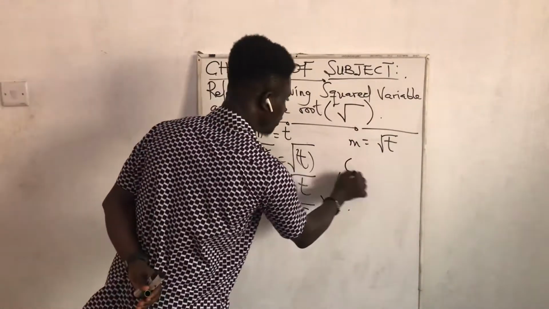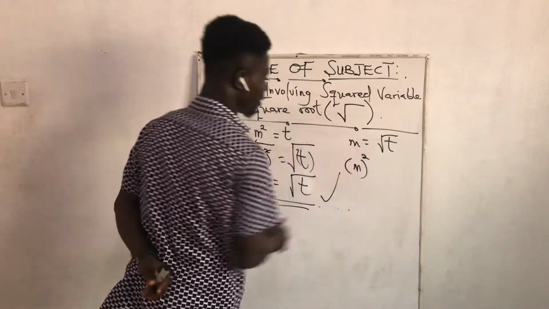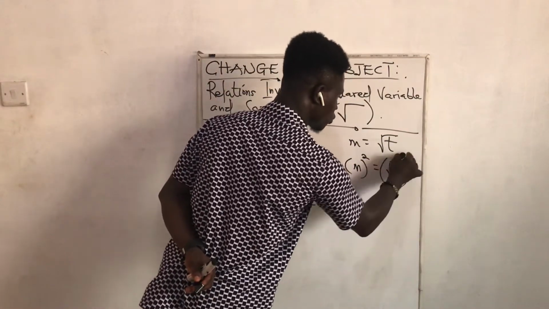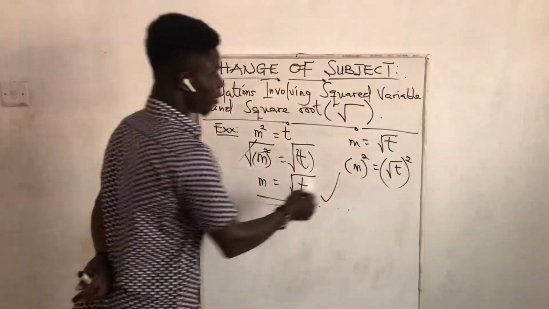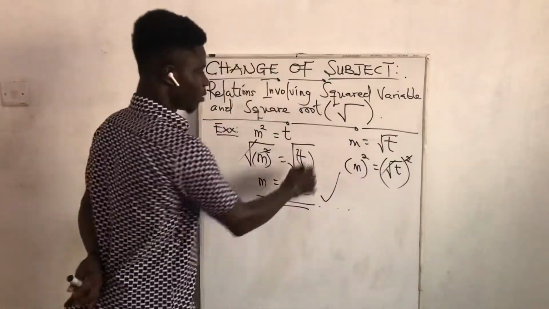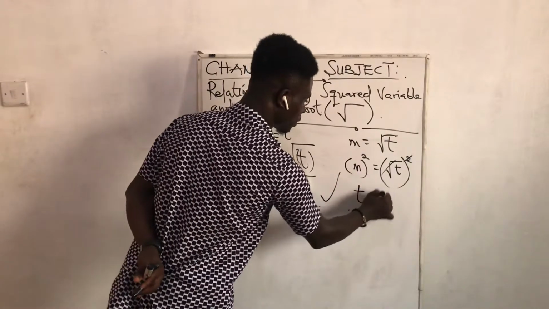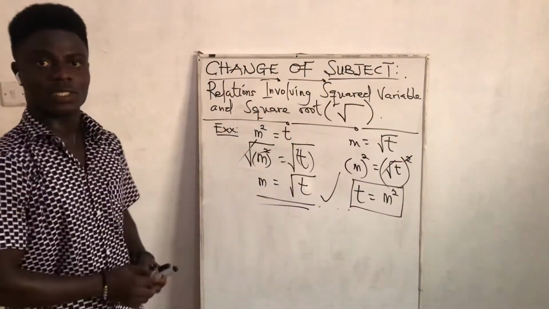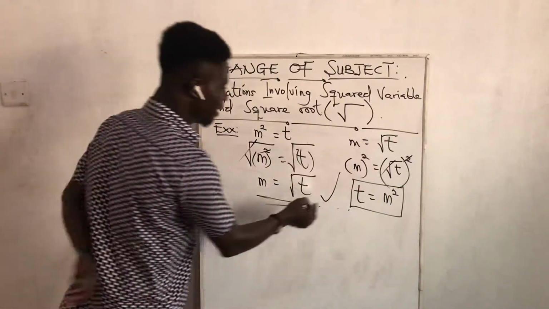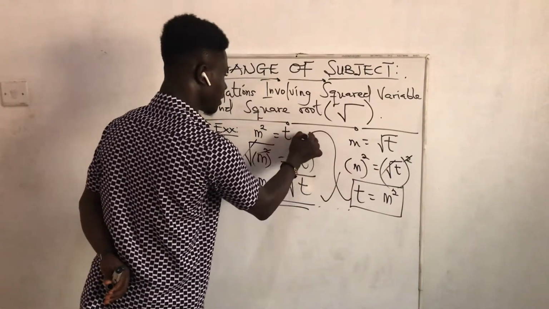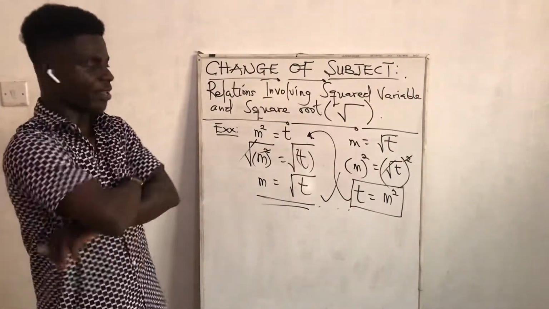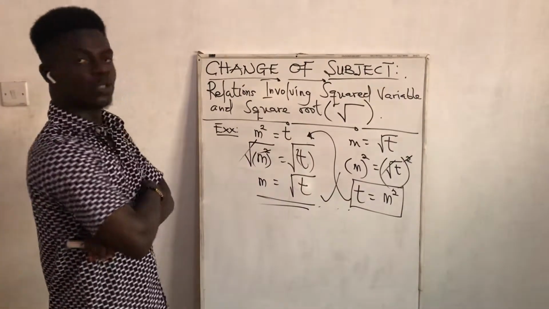So now here it becomes m all squared equals square root of t all squared. So now this square cancels that. So I have t equals m squared. Now we can see that this carries us back to the question again.